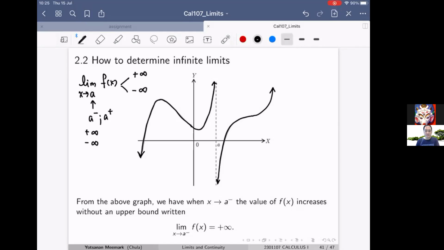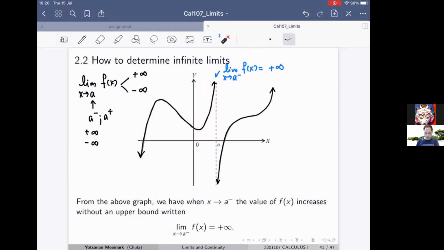So for example, let's look at this function. You see that as your x goes to a, close to a on the left, your function is getting larger and larger without bound. So for this one, we are going to say that as your x goes to a from the left, your function goes to positive infinity.